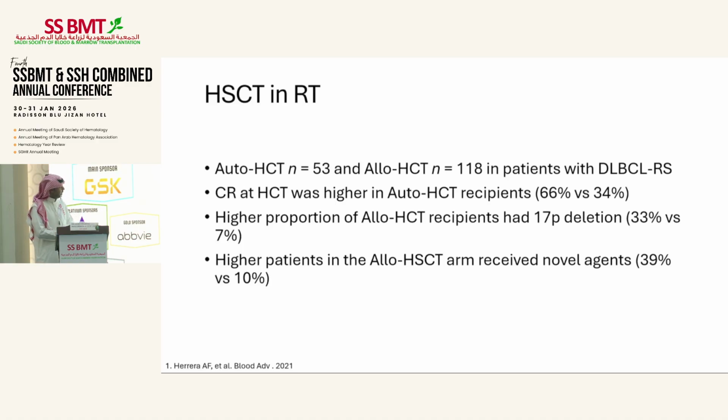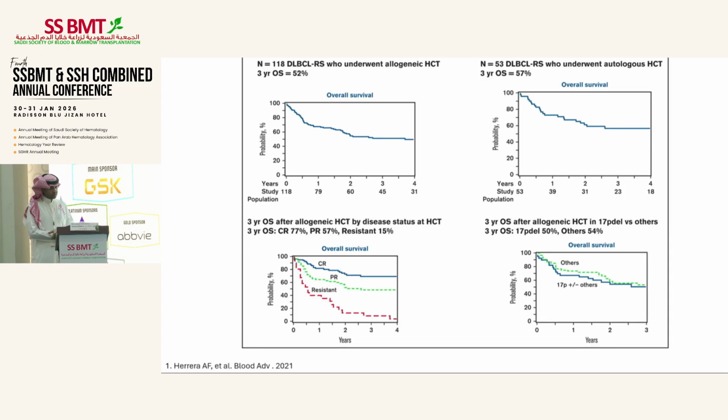So maybe this is why, when they did a quasi comparison between the two, the auto was slightly better. But overall, the overall survival is similar between the two strategies. And because there were a lot in the allo group, they were able to subcategorize them for us to understand that even with partial response, you could still proceed with allo and get a decent overall survival.